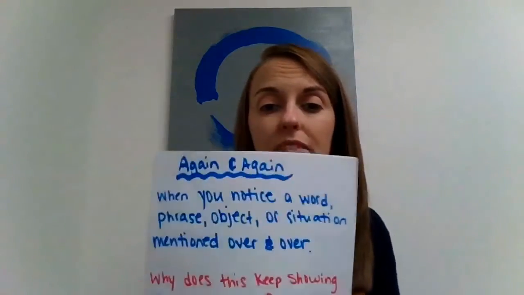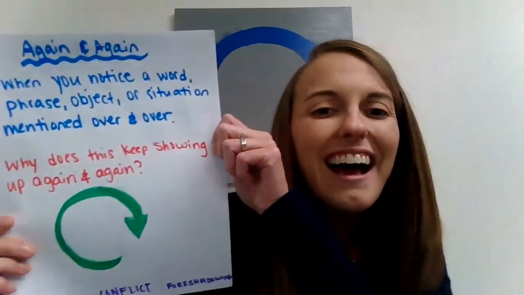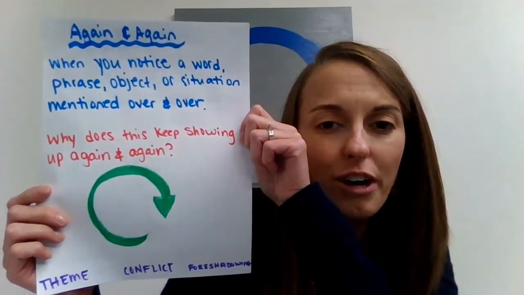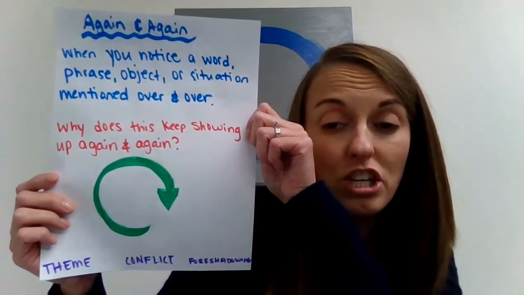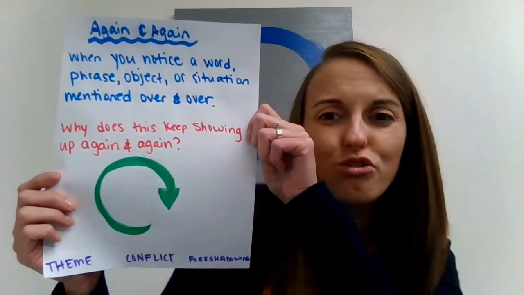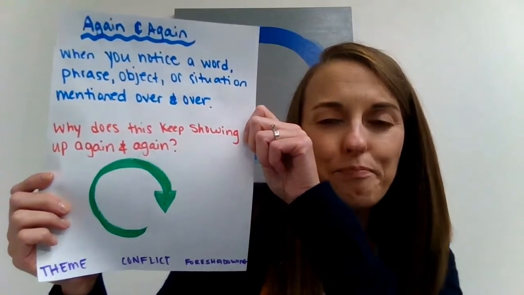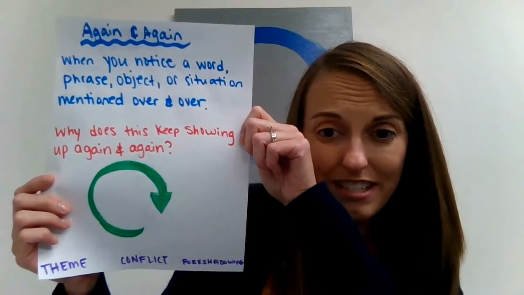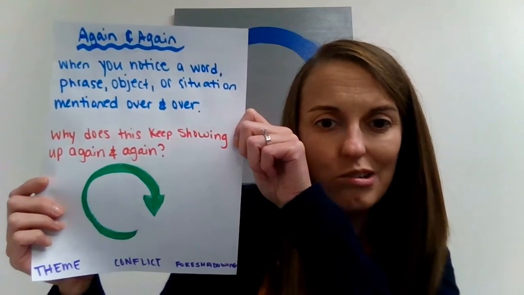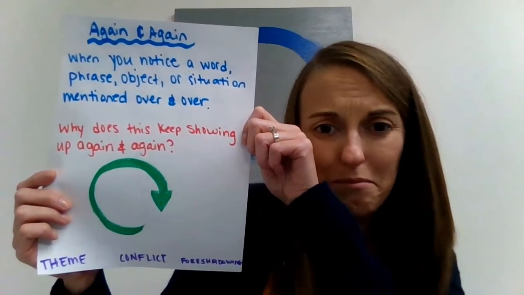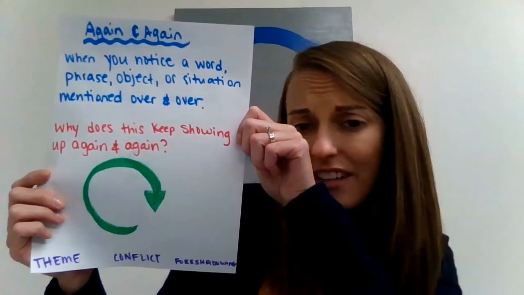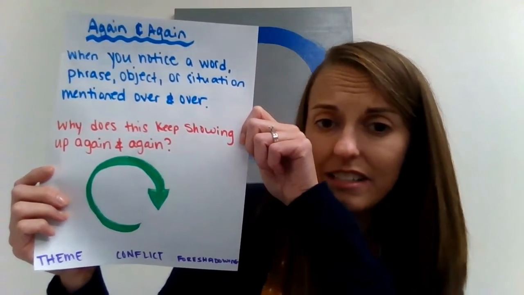Number three is again and again. See if I can get it straight this time. Not so much. When you notice a word, phrase, object, or situation mentioned over and over. So if, let's say, you're talking with your friend and they keep mentioning how they're bummed, sad, sad, sad, you might be like, all right, why does this keep showing up?